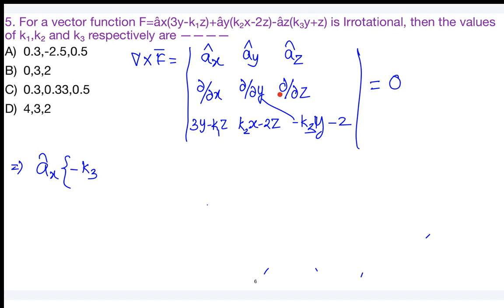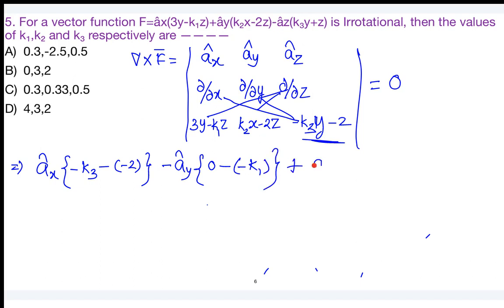Minus ay cap into dou by dou x of this one; since there is no x term here, it will be 0, and dou by dou z of 3y minus k1z will become minus k1. Plus az cap into dou by dou x of this one, which will be k2, minus dou by dou y of this one, which will be 3, is equal to 0.